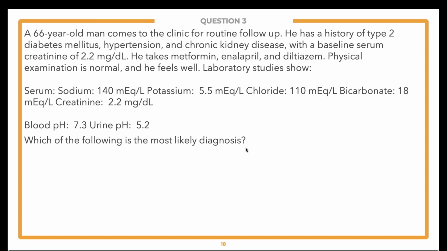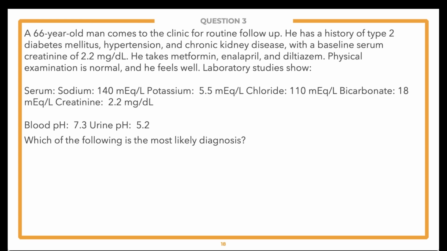read the vignette. A 66-year-old man comes to the clinic for routine follow-up. He has a history of type 2 diabetes mellitus, hypertension, and chronic kidney disease with a baseline serum creatinine of 2.2. He takes metformin, enalapril, and diltiazem. Physical examination is normal and he feels well.